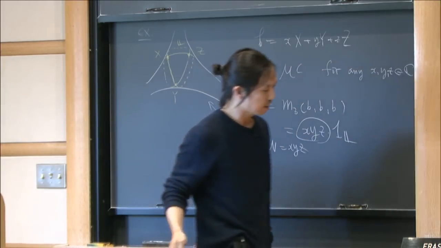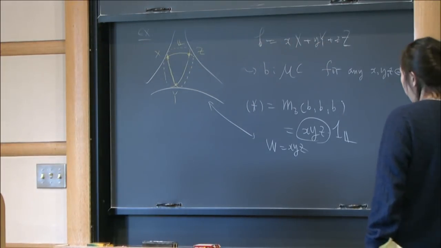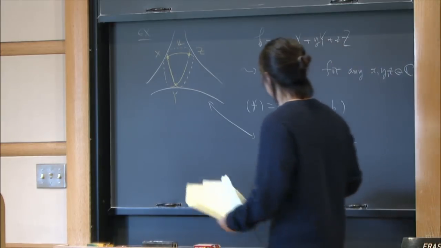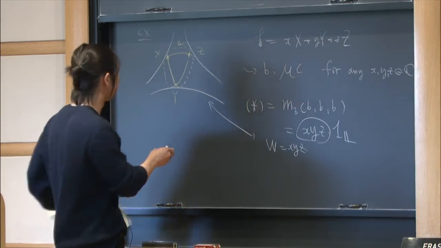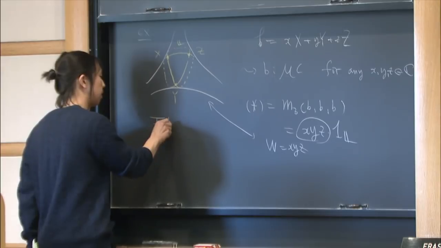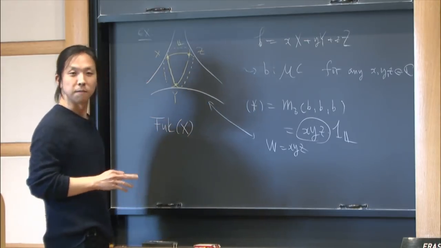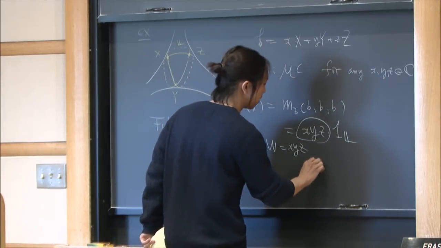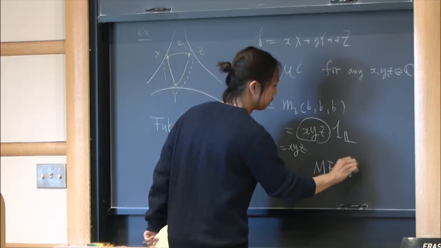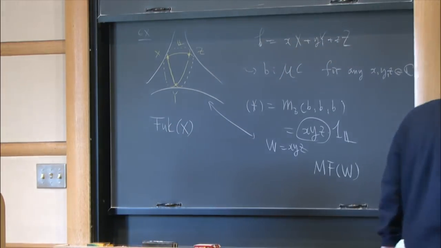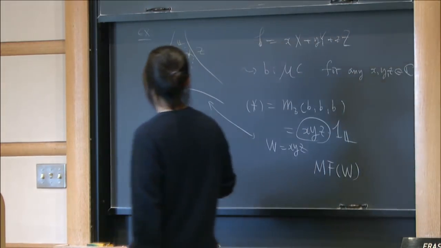In what sense do I call it a mirror of the pair of pants? Because, of course, if they are mirrored to each other, you expect the Fukaya category of this to have some relation with the matrix factorization category of W. So let's take one random Lagrangian, for example, this.